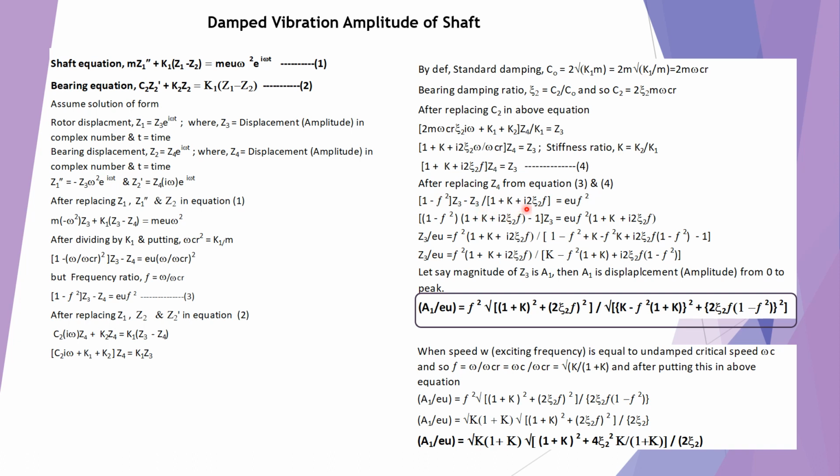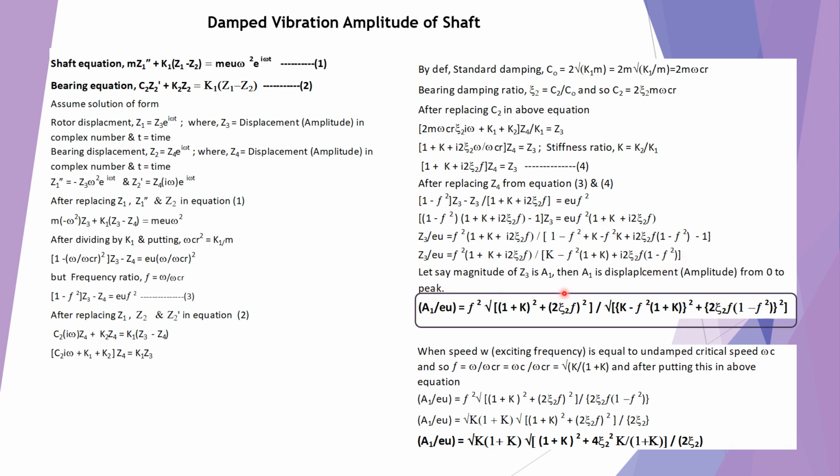After replacing Z4 from equations 3 and 4 and on simplification, we can directly write this equation: Z3 upon EU is equal to f squared into (1 plus K plus i into 2 zeta 2 f) upon (K minus f squared into (1 plus K)) plus i 2 zeta 2 f into (1 minus f squared).